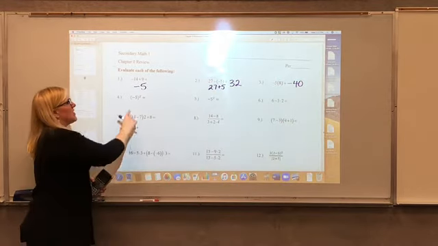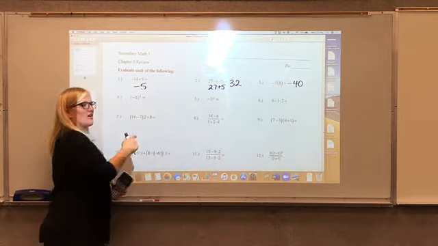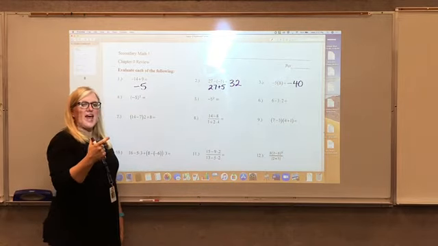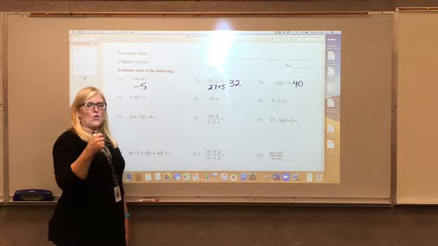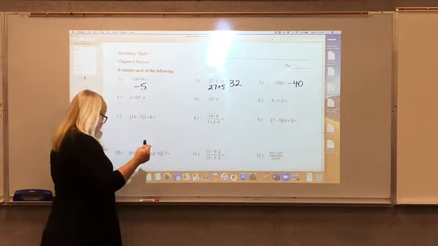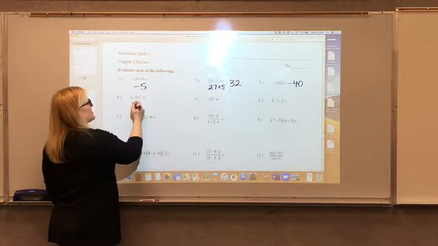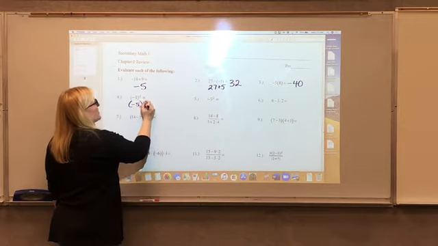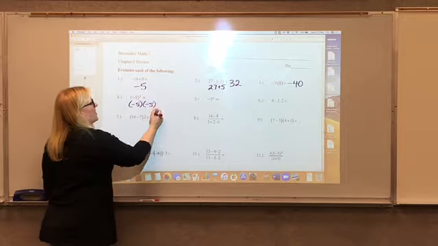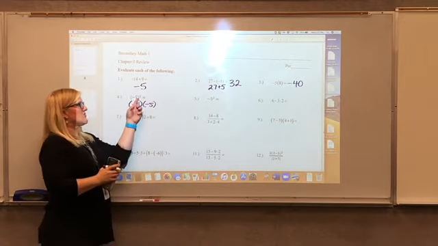All right, these two you'll notice are very similar. And this is when we have to really think about our order of operations. So negative 5 squared is the same thing as saying negative 5 times negative 5. Okay, we look at what's in parentheses first.